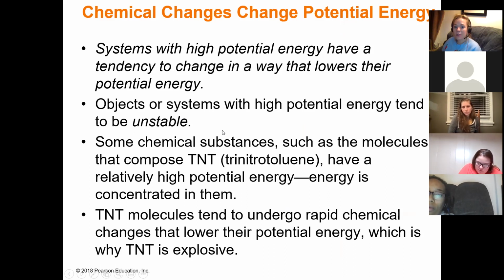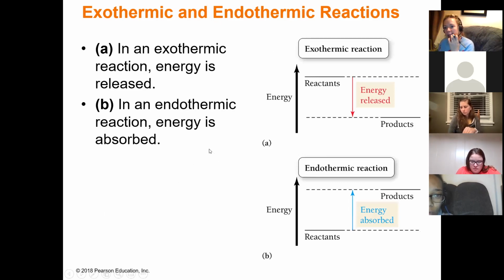TNT wants to explode because having a high potential energy is kind of unstable, right? A spring that's all coiled up real nice and tight wants to relax. When we have a chemical reaction, it is important to note that we classify chemical reactions as either being exothermic or endothermic.